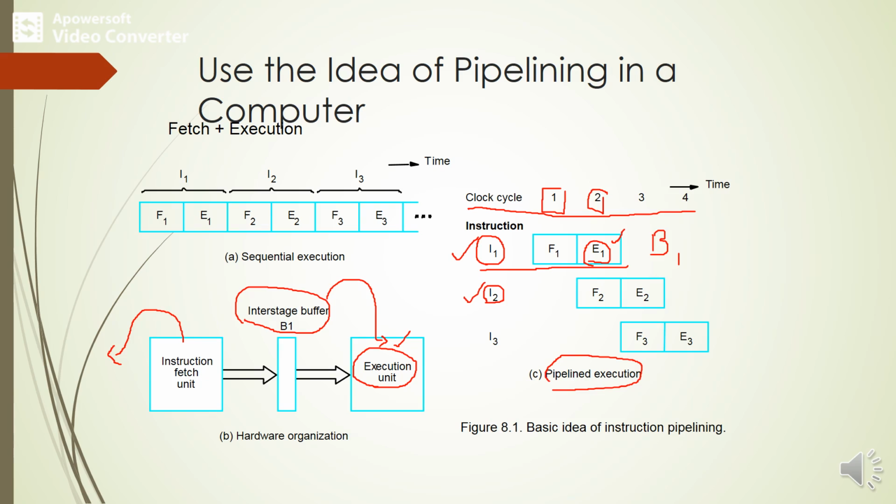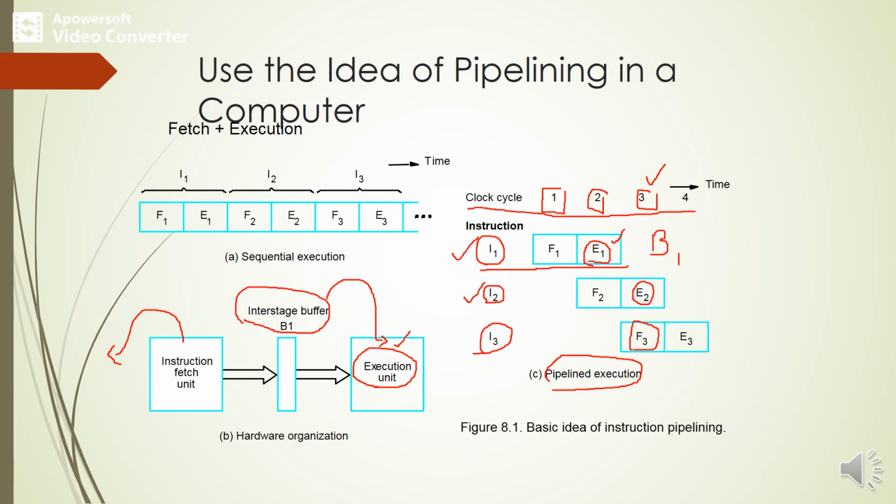Similarly, during clock cycle 3, the instruction fetch unit will fetch the next instruction, that is I3, and during the same clock cycle we can fetch the next instruction, that is F3, and execution of E2 will take place.